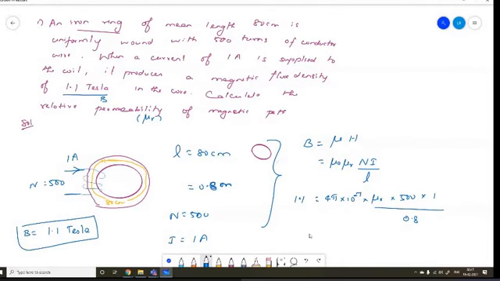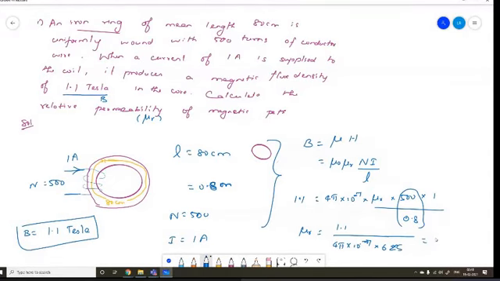So now it is very easy to find mu R. It is 1.1 divided by 4 pi into 10 to the power minus 7, into 500 divided by 0.8, which is around 625.